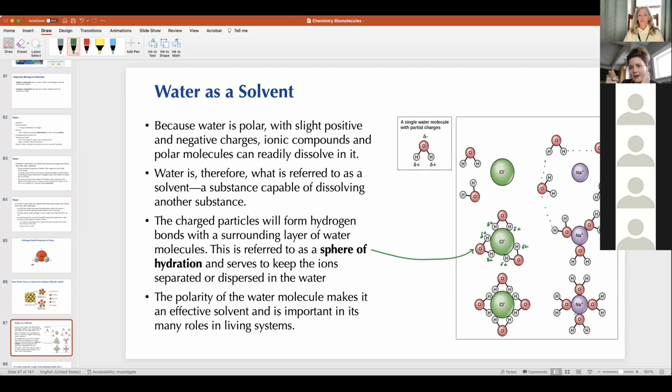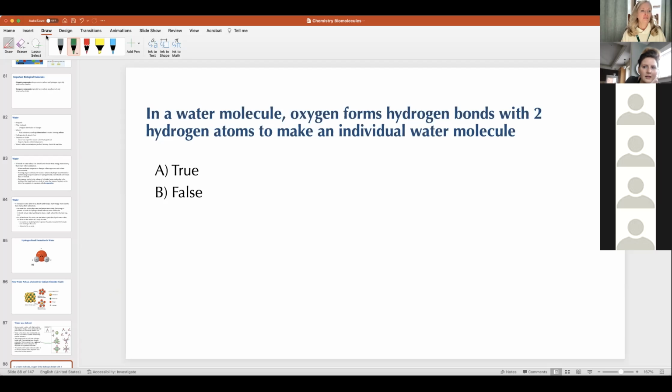You should be able to somewhat figure it out. Pretty much I will always try to have it drawn in for you. So those little dash lines are hydrogen bonds. There will be a few hydrogen bonds you just want to remember, and water forms those hydrogen bonds with other waters.